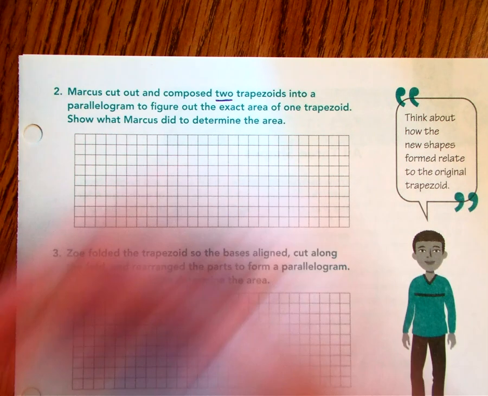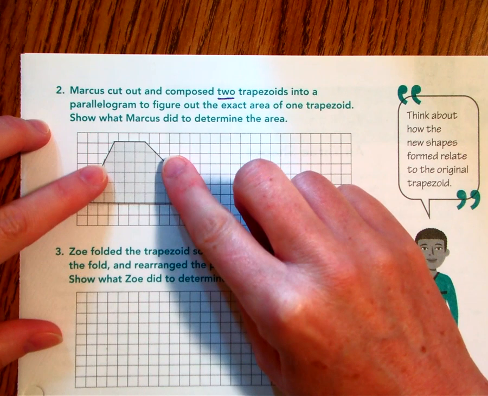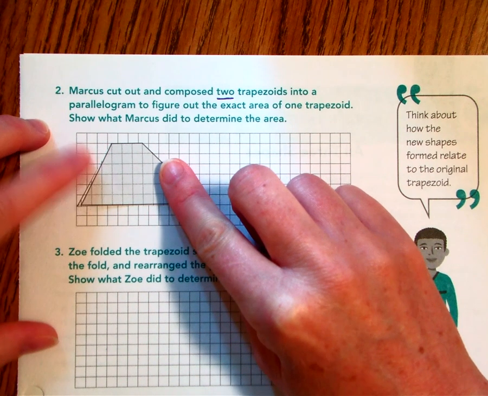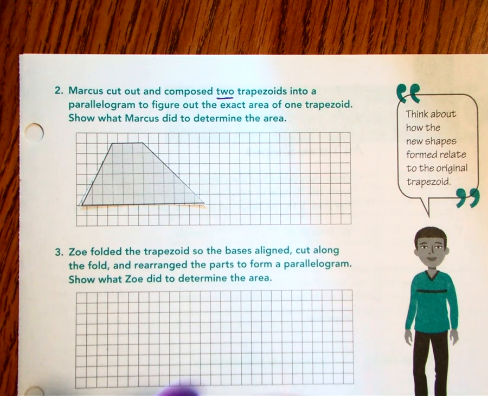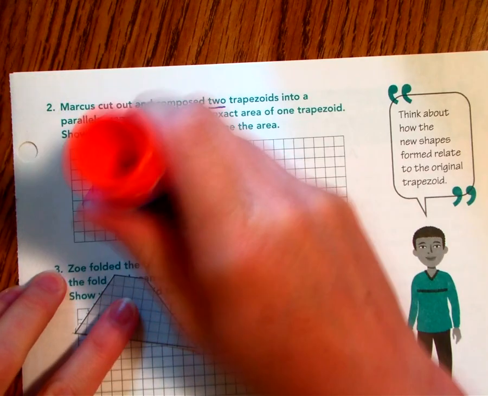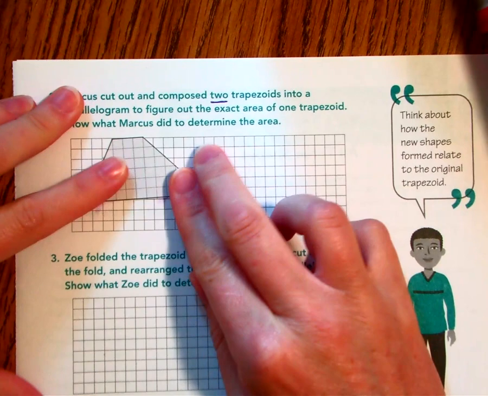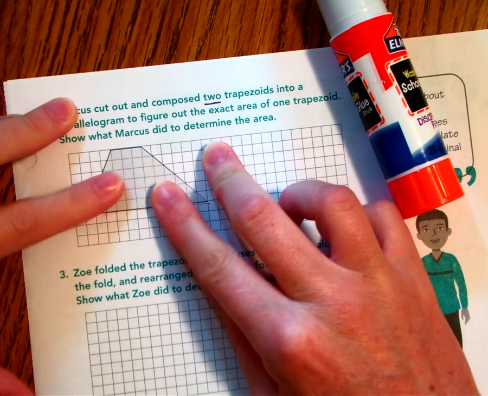Marcus took one of these and pasted it down. Now, I'm going to put it right on the grid because I want it to line up, because I'm going to prove a point in a minute.